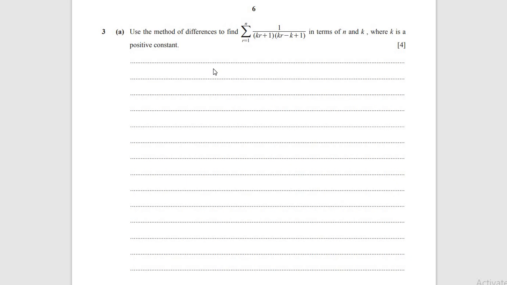How do you do that? 1 over kr plus 1 multiplied by kr minus k plus 1 into partial fractions will be a over kr plus 1 plus b over kr minus k plus 1.